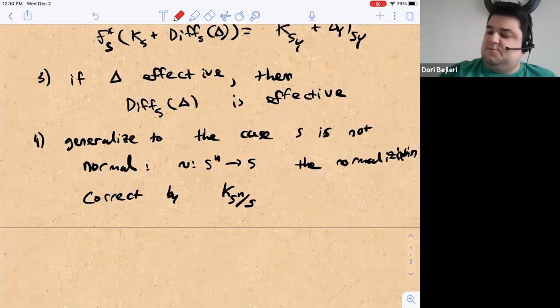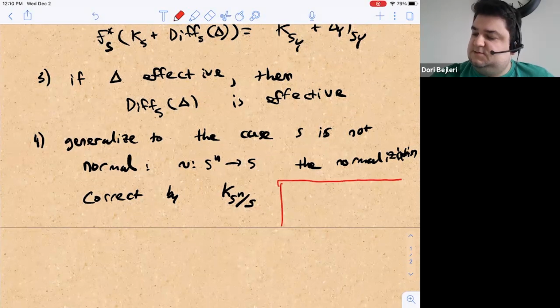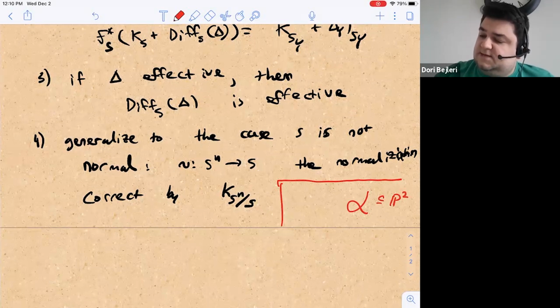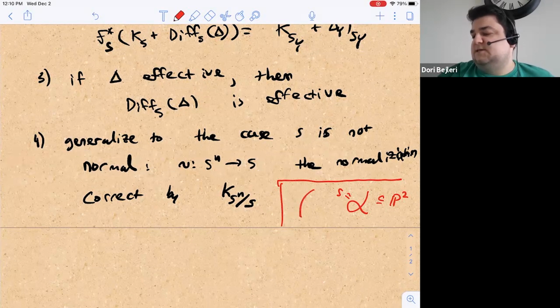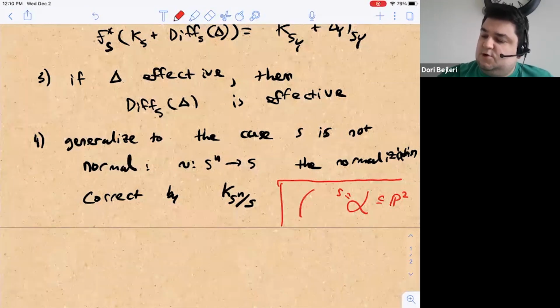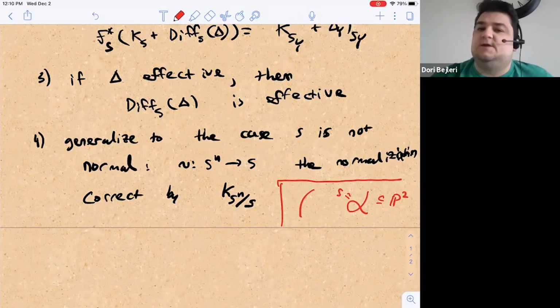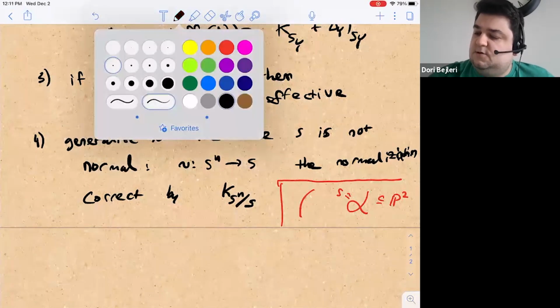But okay, so we want to correct, and here's the basic example of this. If we have just a node in P^2 with coefficient 1, and this is S, and we have no Δ, then the normalization is a P^1. How does the canonical pull back under the normalization? Well, the canonical of the node is trivial. The canonical of P^1 is O(-2). So the correction term, this relative canonical, is 2 points.